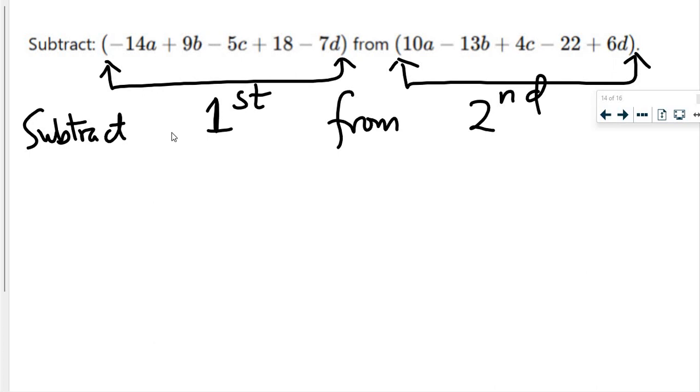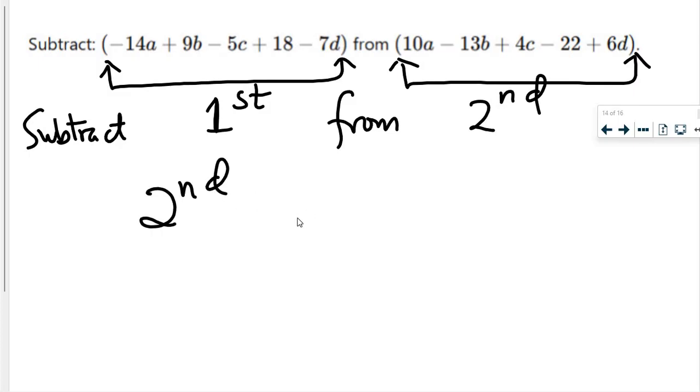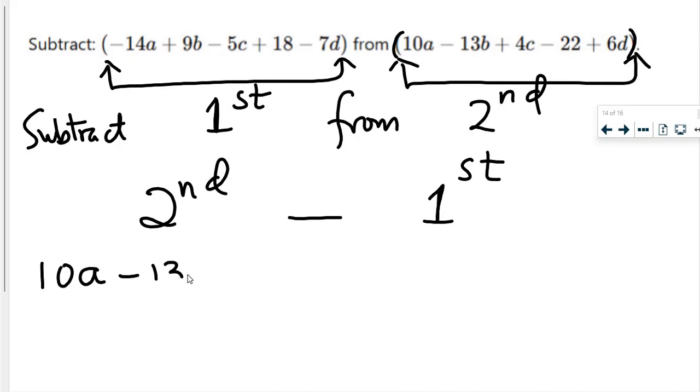To subtract the first expression from the second expression, simply take second expression minus first expression. So what is the second expression? The second expression is this one here. 10a minus 13b plus 4c minus 22 plus 6d.